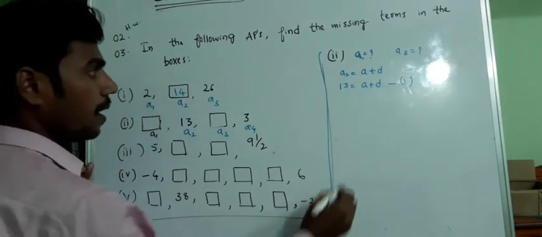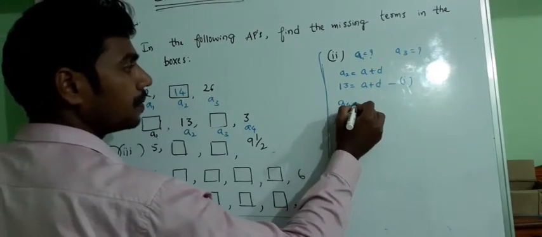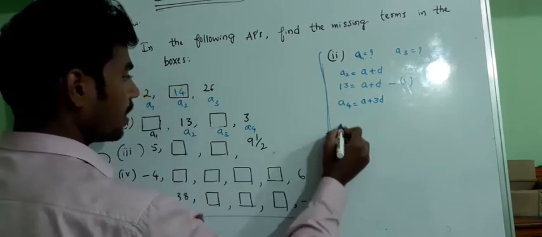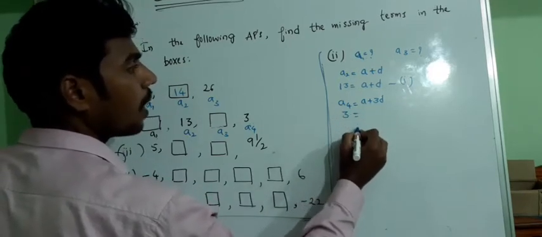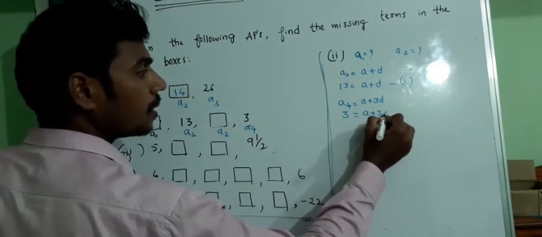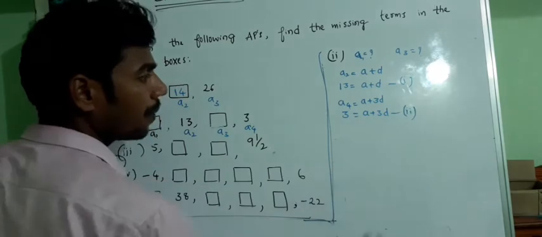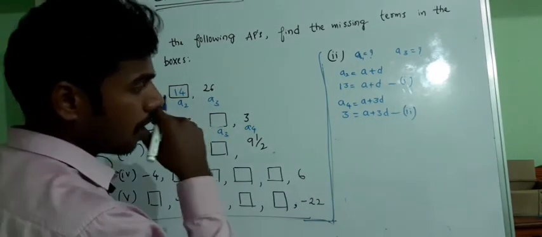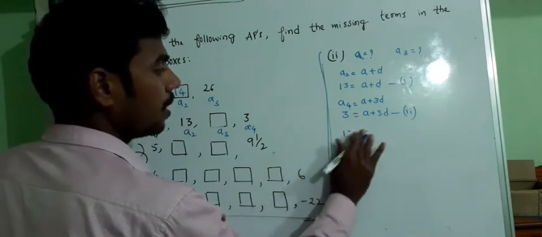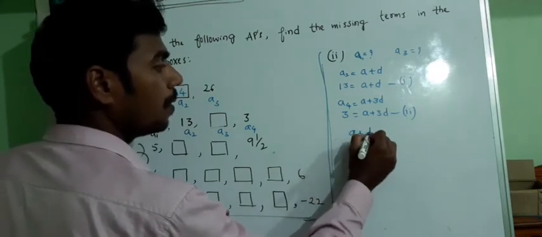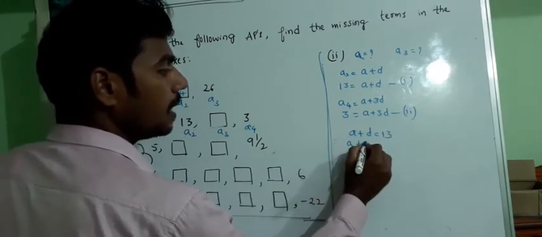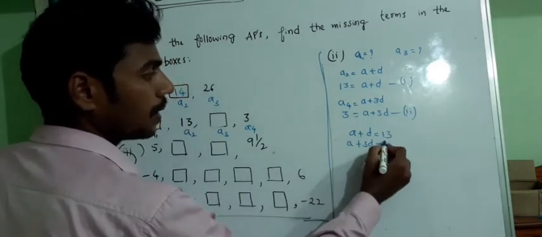Now A4 is equal to a plus 3d. What is A4 here? A4 is 3. What is a? We don't know. a plus 3d is 3. I'll call it equation number 2. So solve 2 and 1. a plus d is equal to 13 and a plus 3d is equal to 3.